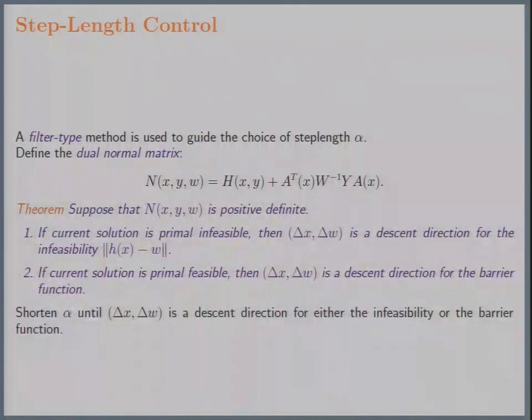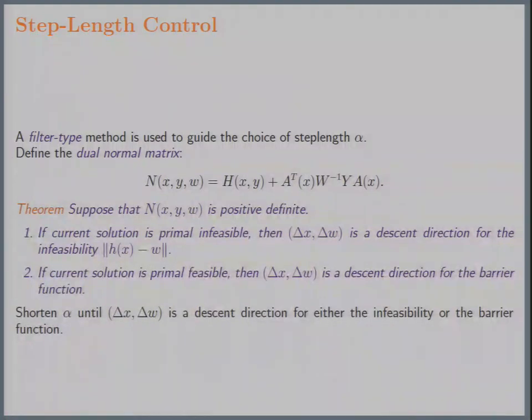So let's see what this theorem says exactly. Suppose that this matrix is positive definite. If the current solution is primal infeasible, then delta x, delta w, the step direction on the primal side, is a descent direction for the infeasibility vector, for the measure of infeasibility, the norm of h of x minus w.